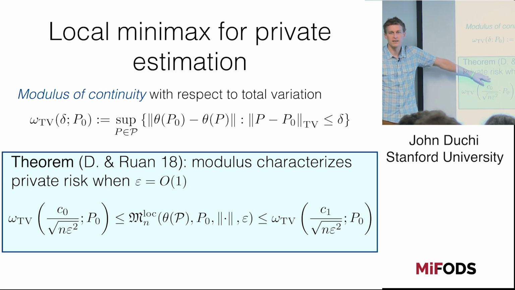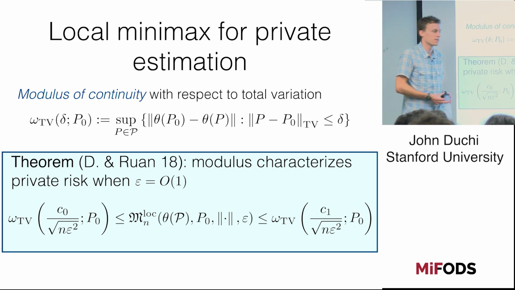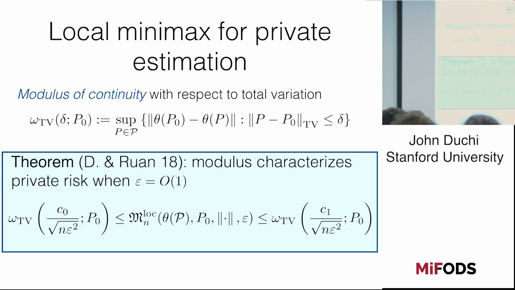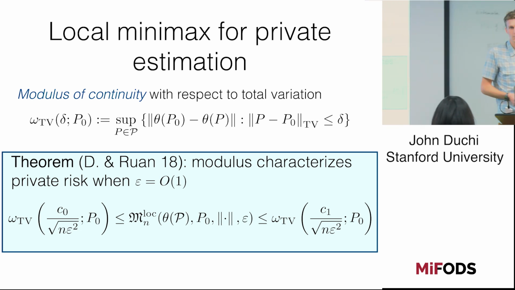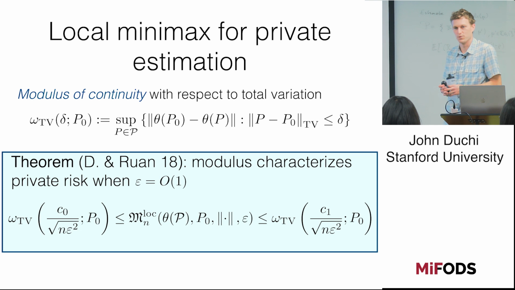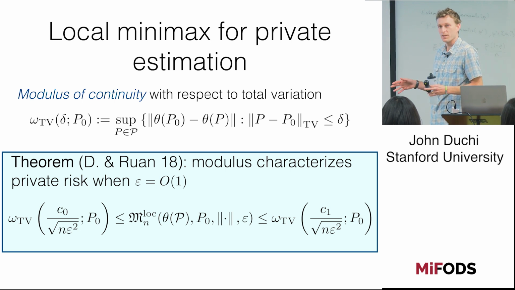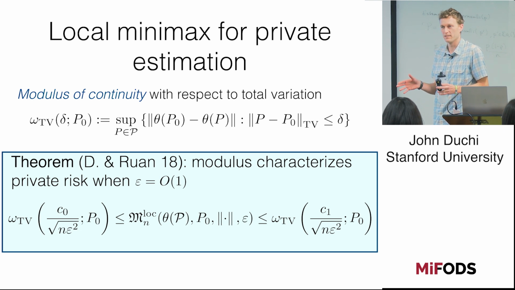So we can completely characterize this by this modulus of continuity. This is how hard these problems are. And I claim that this actually satisfies all of the desiderata we wanted. I'll show you a little bit about that shortly.